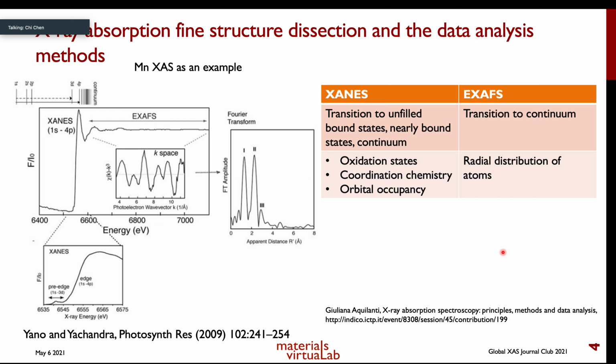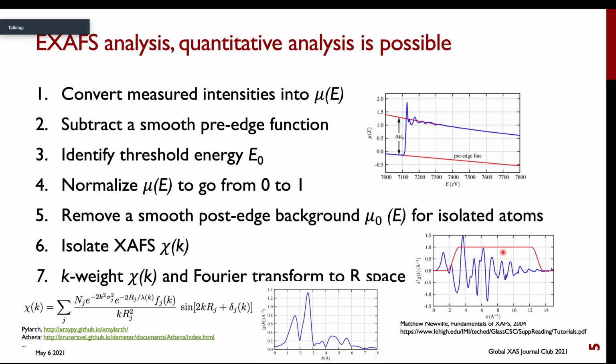If you go through the literature, you will most often see the EXAFS, or the extended X-ray absorption fine structure. That corresponds to the transition to the continuum, where your excited electron will interact with the neighbors, and from the interference you will be able to extract information such as the radial distribution function of the atoms. For the EXAFS analysis, there is a very established protocol to get information from such a signal.